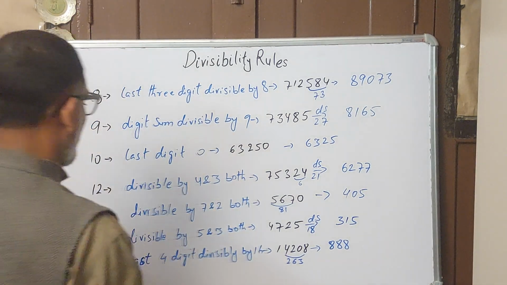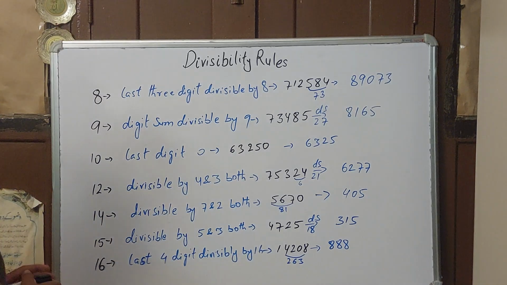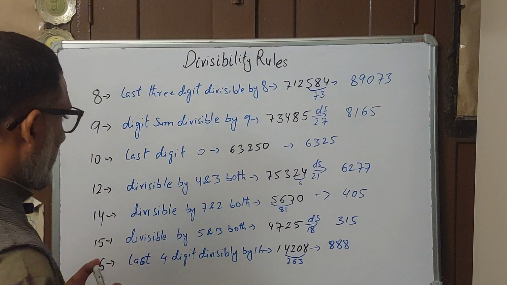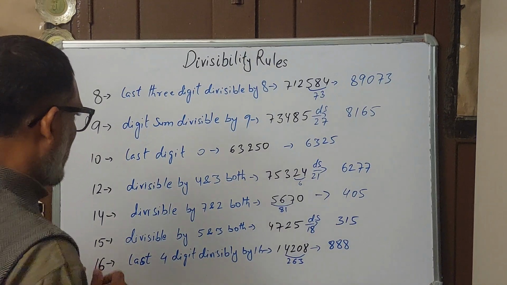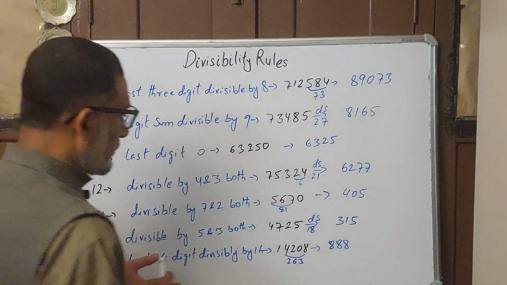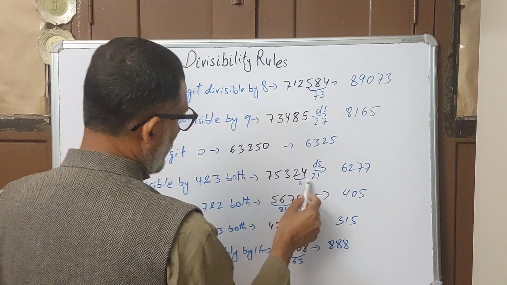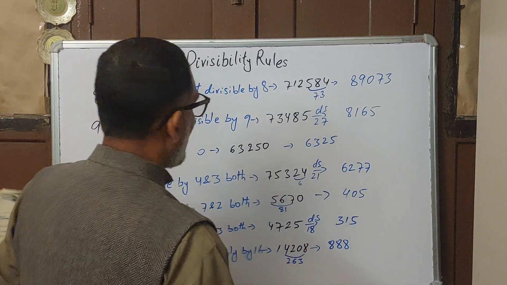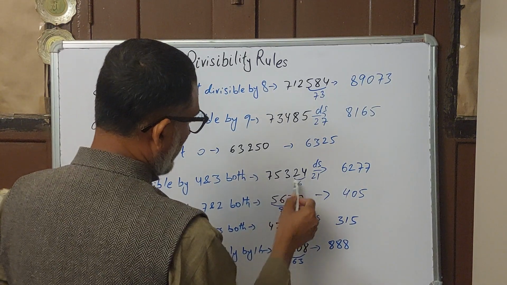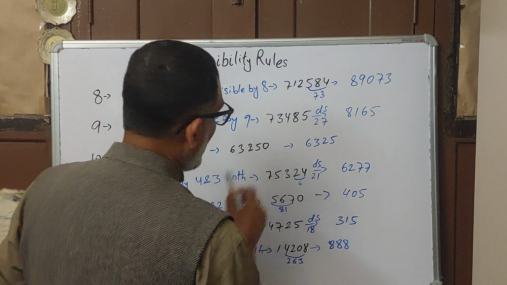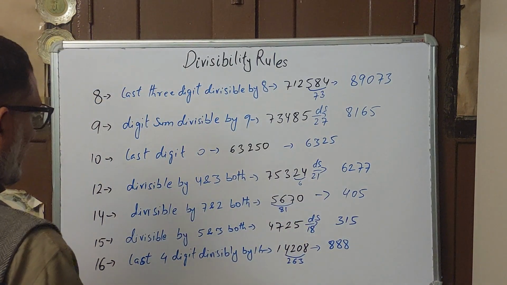4 and 3 both, because 4 3s are 12. So for 12, the condition is that it must be divisible by 4 and 3 both. For 4, the condition is that the last 2 digits are divisible by 4. So we check 24 here, 4 6s are 24, it means it is divisible by 4. Now for 3, what do we find?